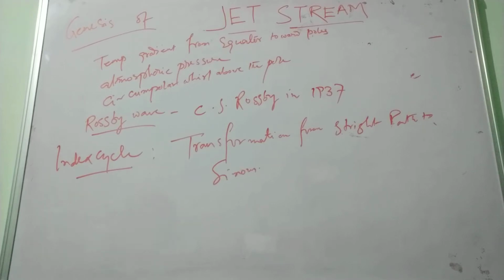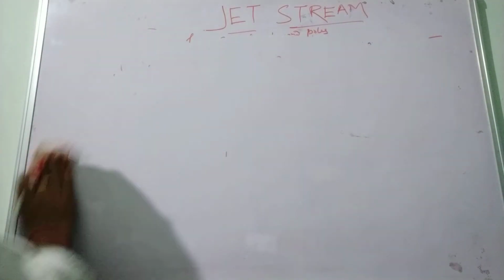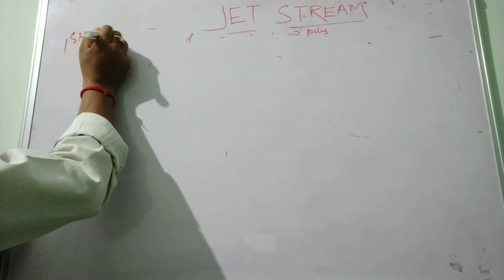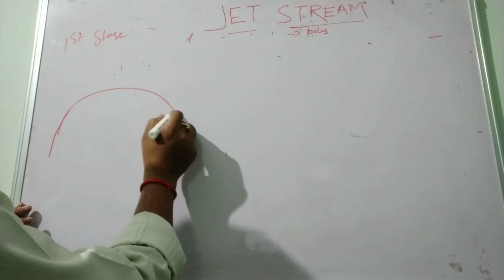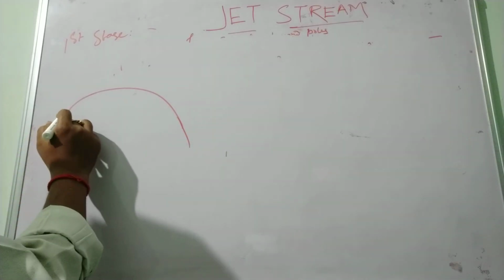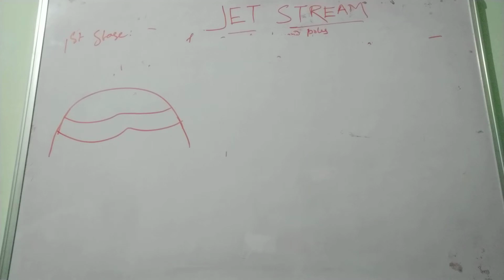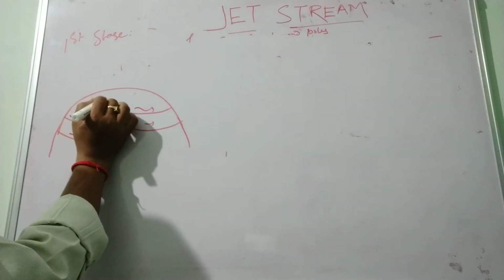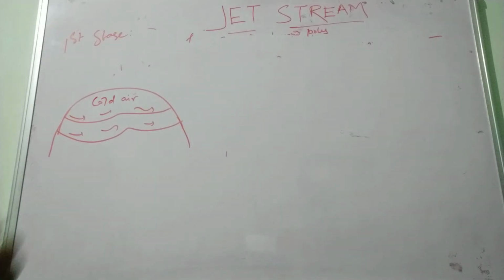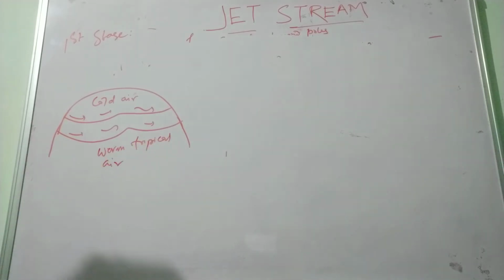This cycle goes on in 4 successive stages. The first stage has cold air and warm tropical air, the position is near the poles, and the circulation of the jet stream is almost a straight path.